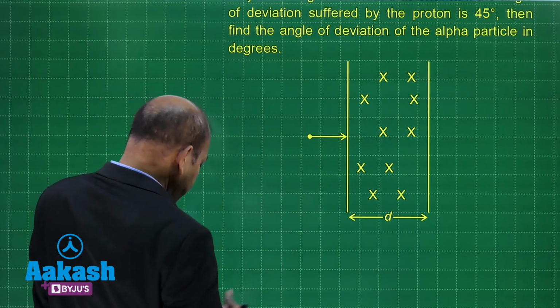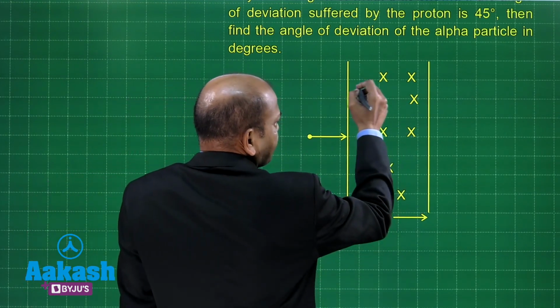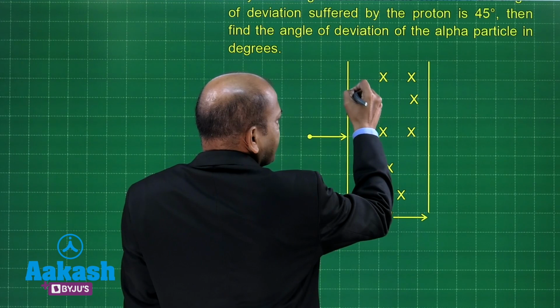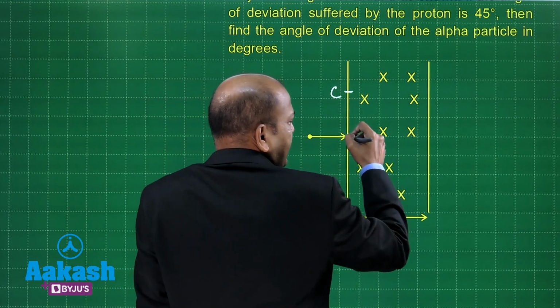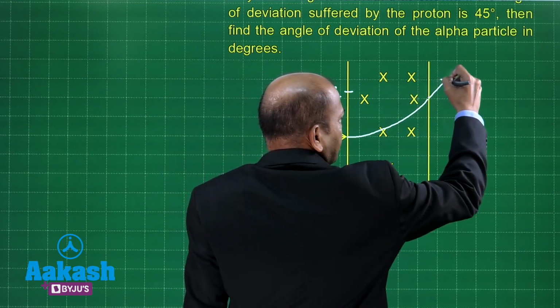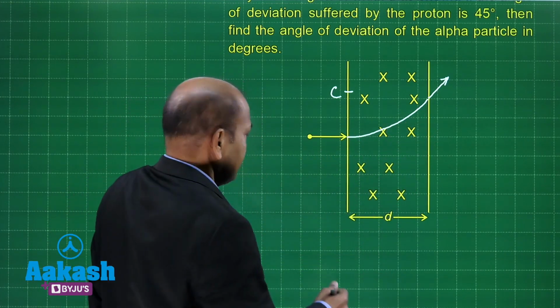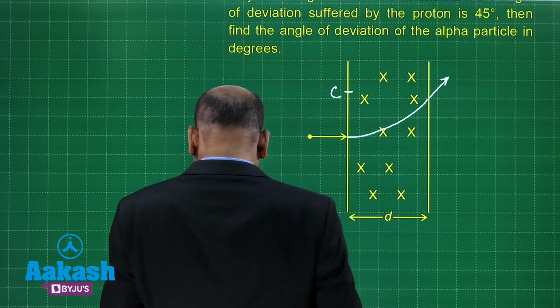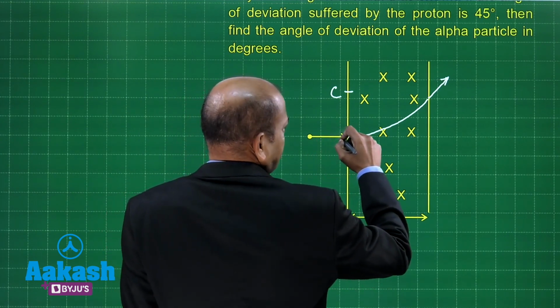And suppose the radius is r, the center of curvature will be somewhere here. Okay, let us say that this is the center of curvature. So, the particle can take a path like this, and as it exits, we can find the angle of deviation. Let us just modify the position of point C a little bit.